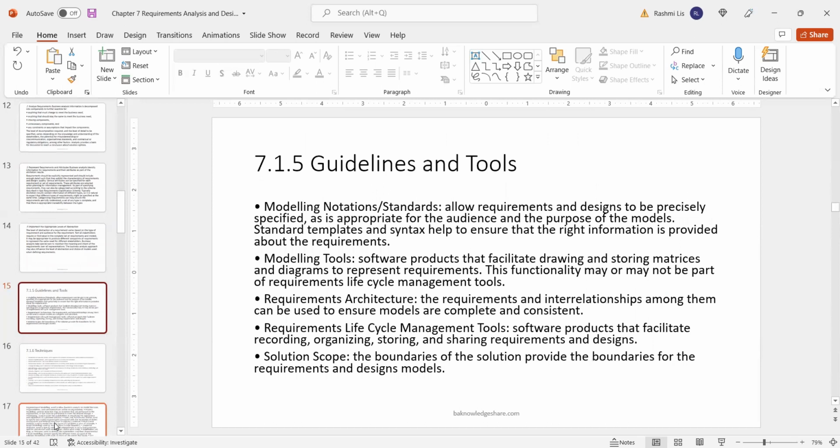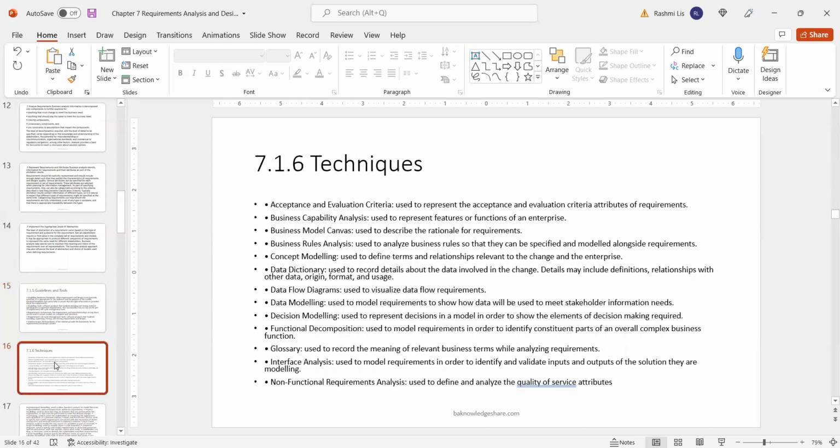Some of the guidelines and tools that she references are the requirements lifecycle management tools, solution scope, and the requirements architecture, where the requirements and interrelationships amongst them can be used to ensure models are complete and consistent. Some of the techniques I mentioned earlier that she used are data modeling, data flow diagram, and data dictionary.